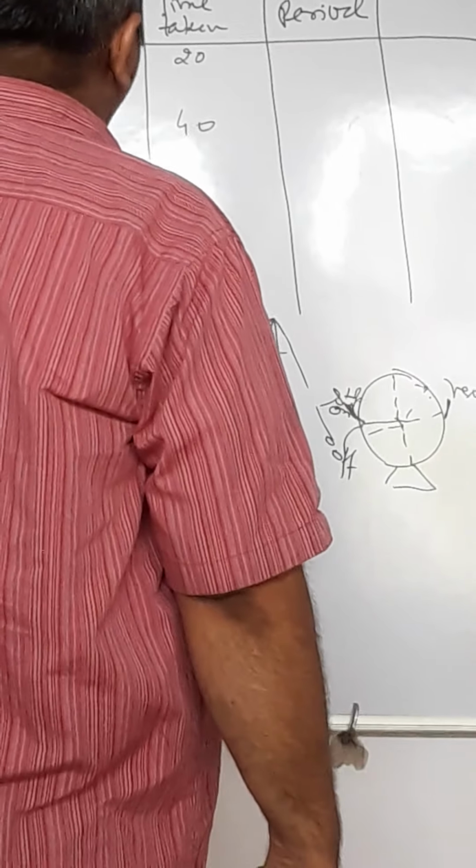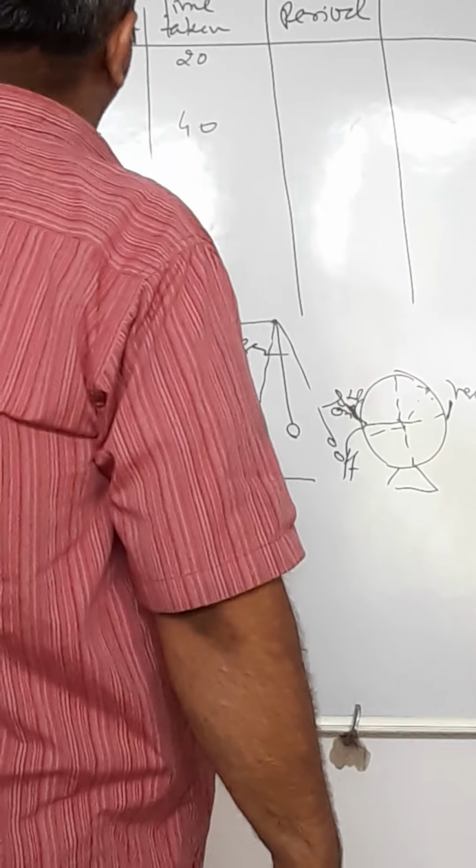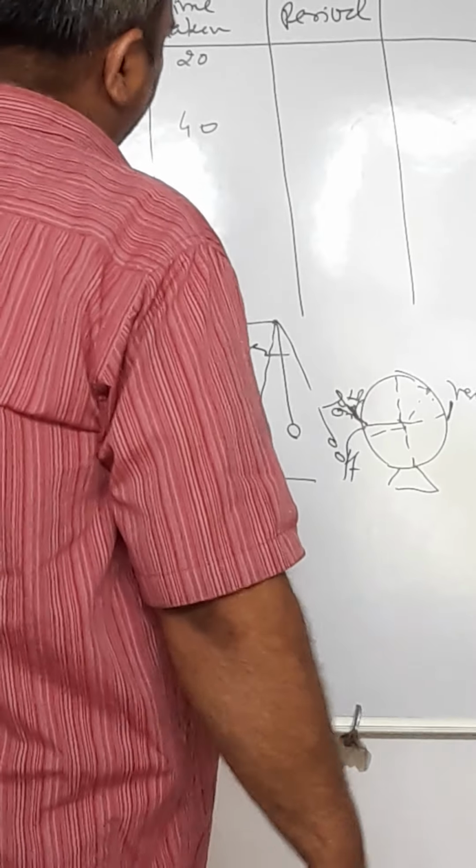One oscillation is completed in 2 seconds, similarly here 2 seconds, and with 30 oscillations it will come to 60 seconds.